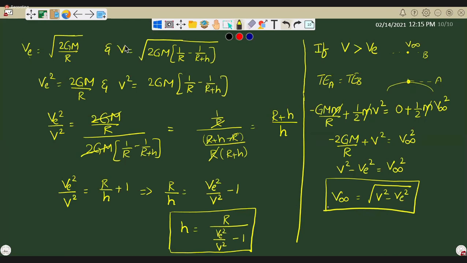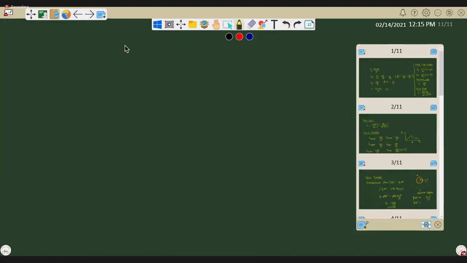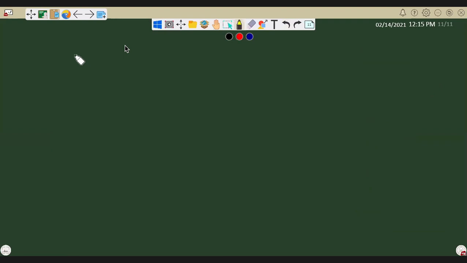Now see how we have done it. If this is your earth, using Newton's law we have given a force.